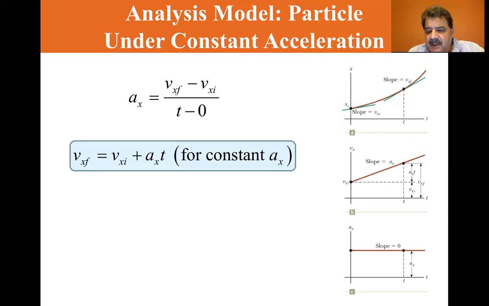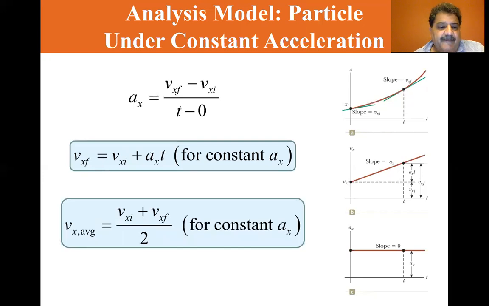Velocity at constant acceleration varies linearly with time. Average velocity in any time interval is the arithmetic mean of the initial velocity vxi and final velocity vxf. So you have two values, and what is the average between them?